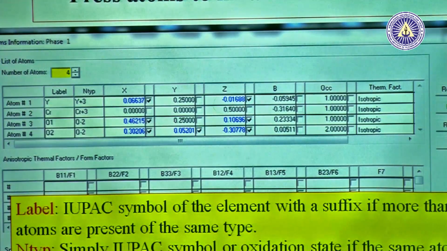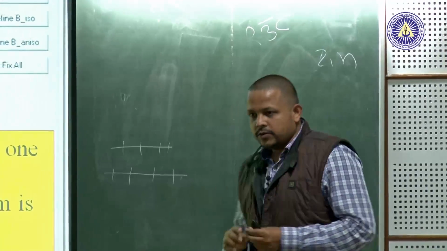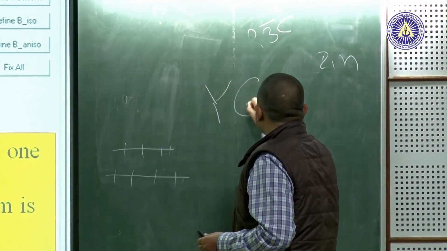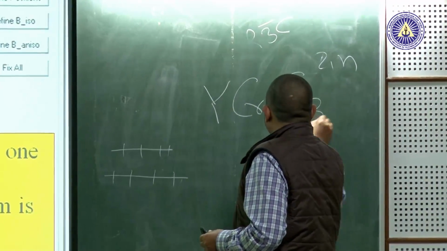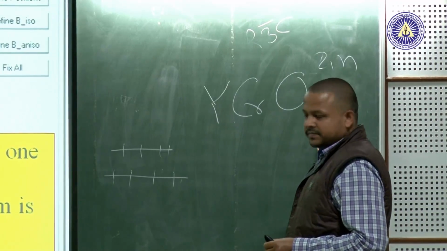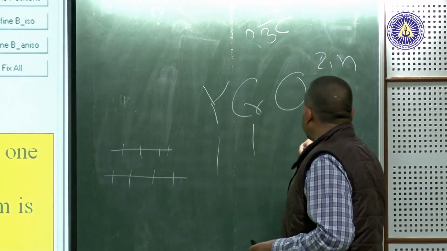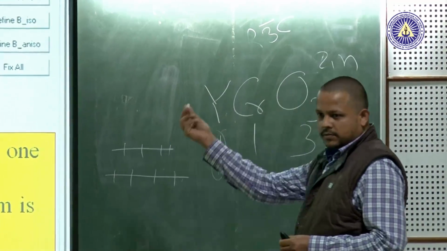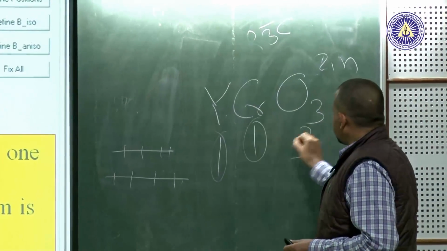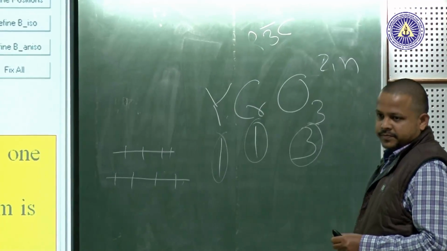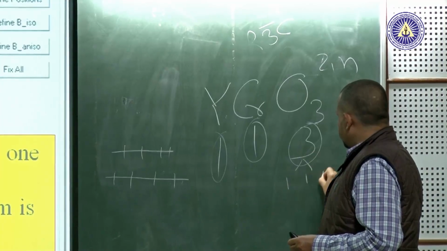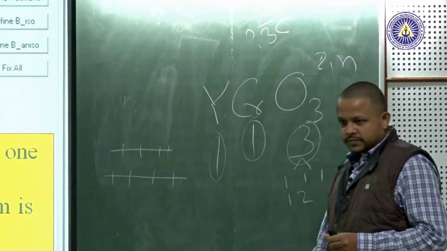Actually, if you have a new structure, then I can't say anything now. The total element count is 5 here: 1, 1, 3. Yttrium 1 is okay, chromium, oxygen is 3. Then there is a possibility of 1 1 1 or 1 2.